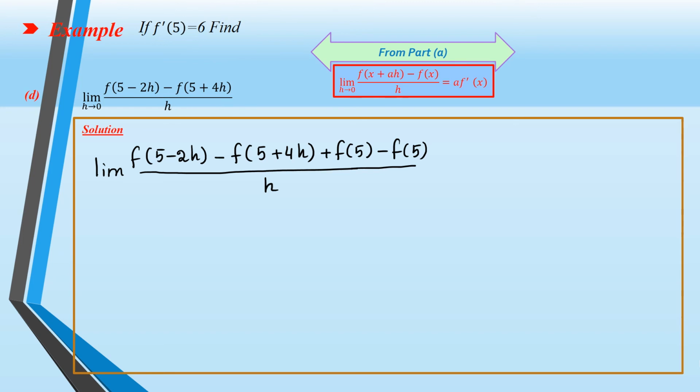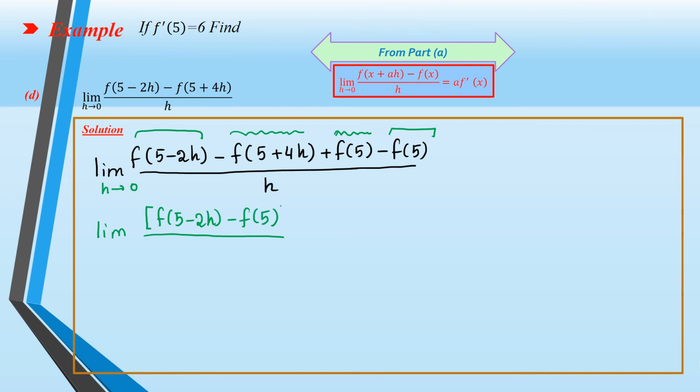So for the first two terms, you group this one with minus f of 5, and this one with this one, when h goes to 0. So we have the limit of f of 5 minus 2h minus f of 5, then minus f of 5 plus 4h minus f of 5, divided by h when h goes to 0.